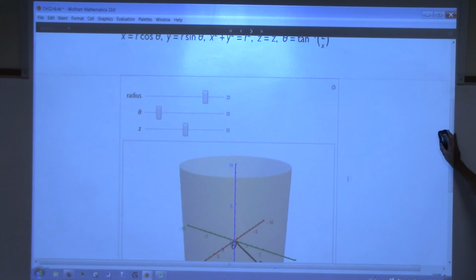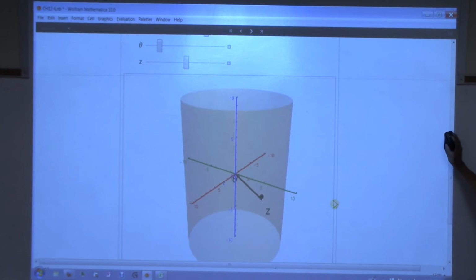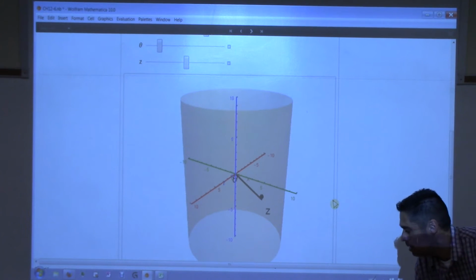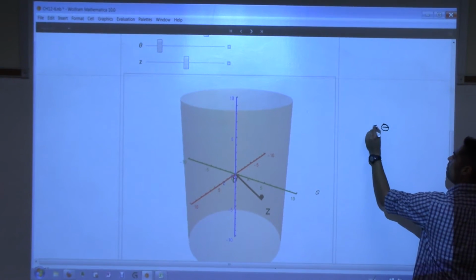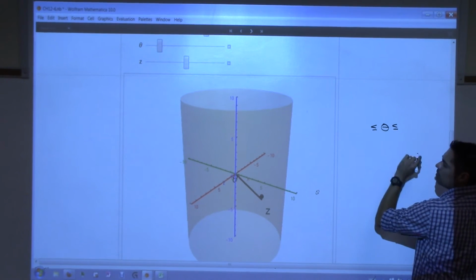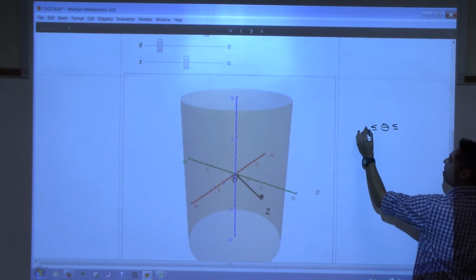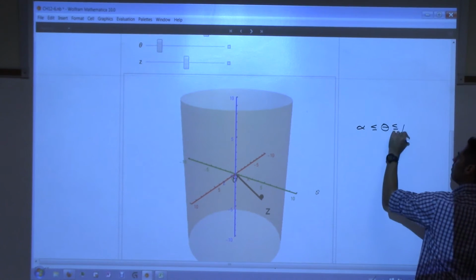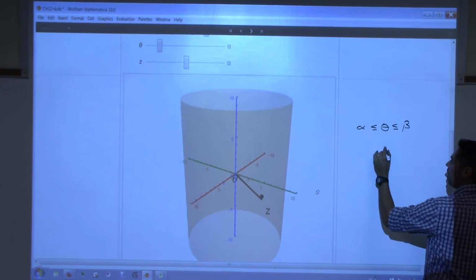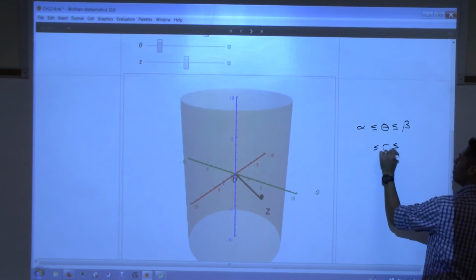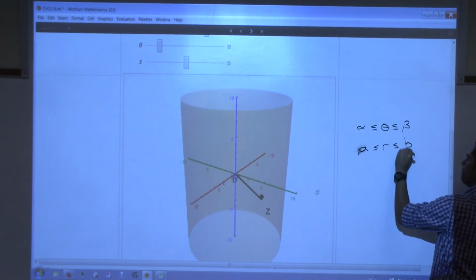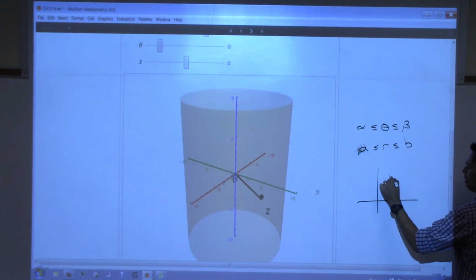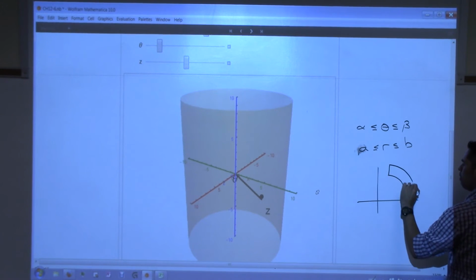So let me show you. This is what cylindrical coordinates looks like. If I let my theta be between two constants, alpha and beta, and I let my r be between two constants, a and b, we saw last class that this would draw this polar rectangle.